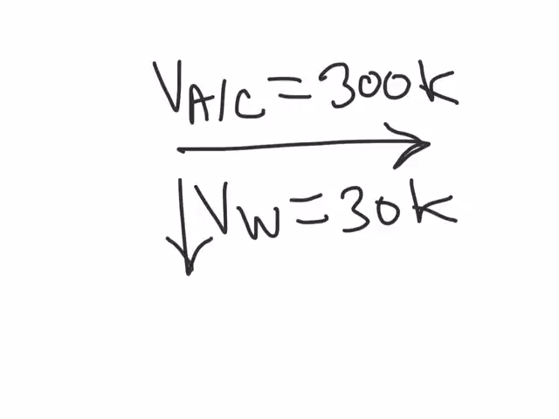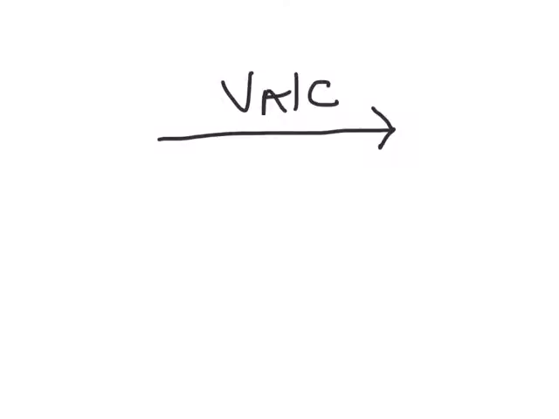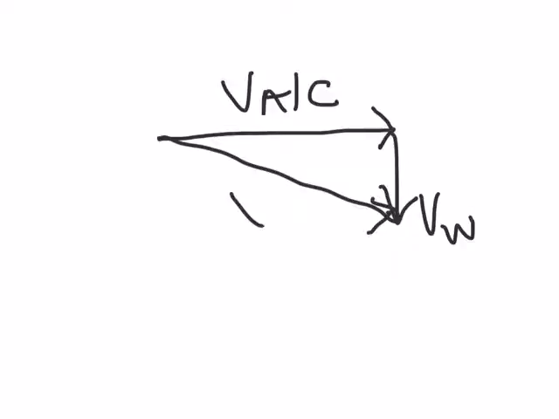So if we draw these, we would draw V of AC this way, the wind component this way, and then if you took a line and drew from the tail of the aircraft speed component to the wind component, this is what we call our resultant vector, or vector resolution.